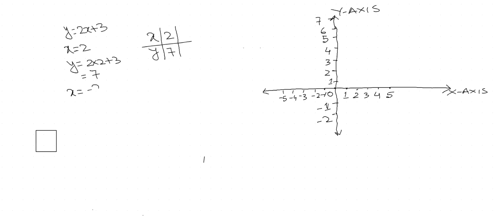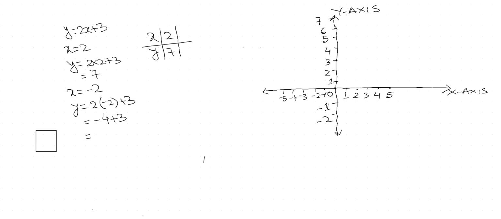Okay. Now let's take the value of x as, suppose, minus 2. Then what will be the value of y? 2 into minus 2 plus 3. How much will it give? Minus 4 plus 3 will be how much? Minus 1.